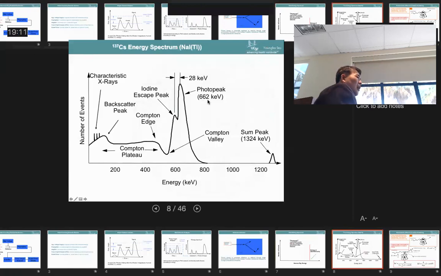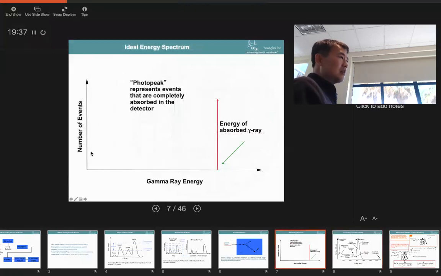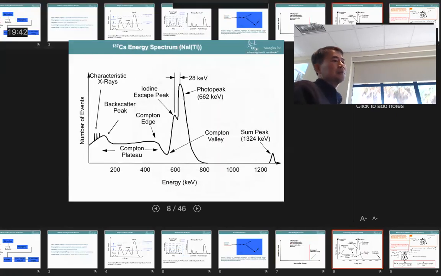It's really high energy, but again, this is a very good example of what a realistic energy spectrum looks like. The cesium-137 obviously emits gamma rays at a single energy level, 662 keV. But you see it's a very blurry curve here. It's not a clean, single line like this. What's happening here? We want to know everything that's happening here.